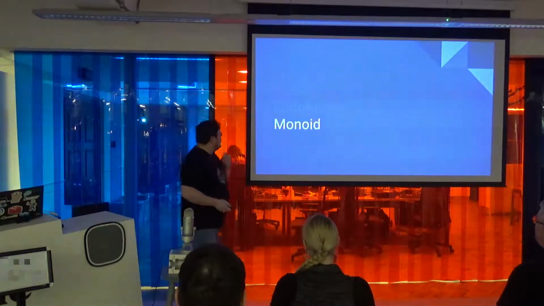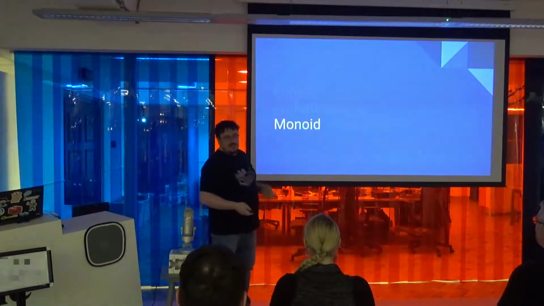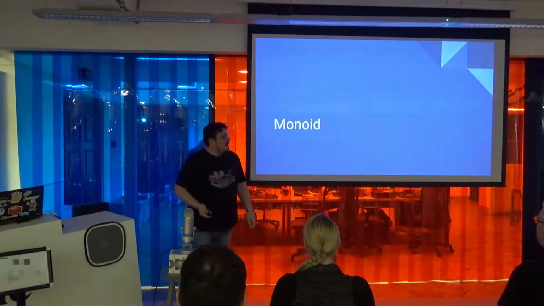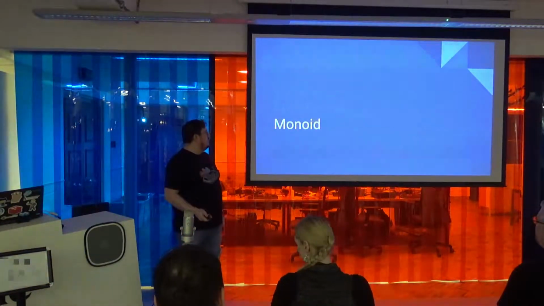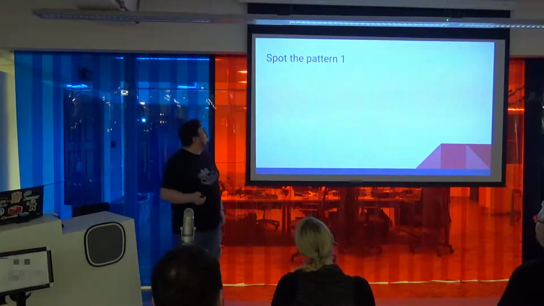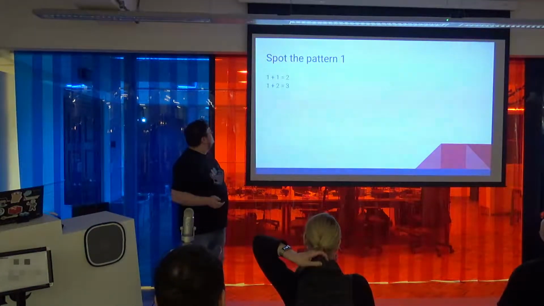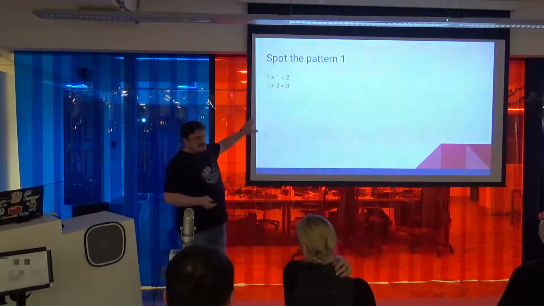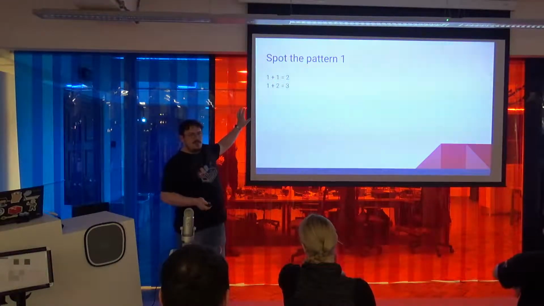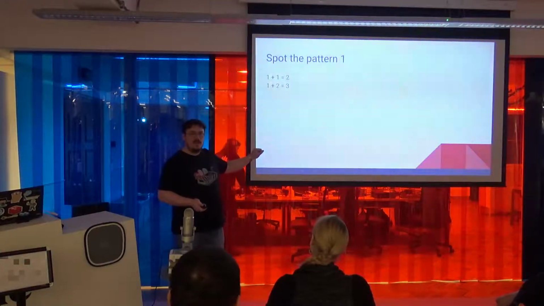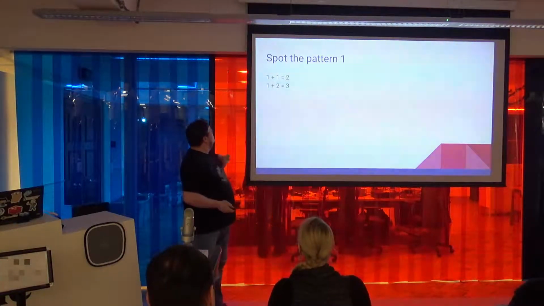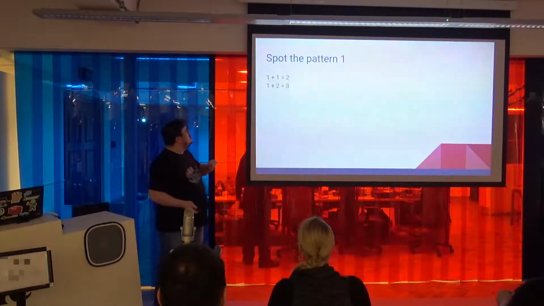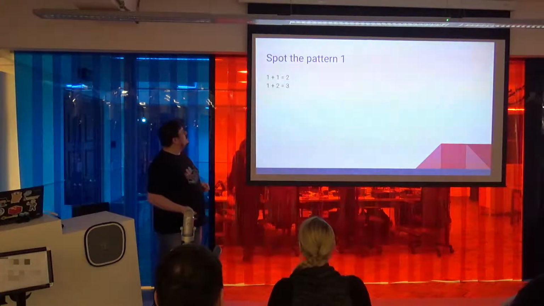Right, so monoids are a lot less scary than monads, and hopefully a lot easier to describe. Obviously they come from the world of maths. I should have warned there's some advanced maths in this. I hope that's okay. So if I was to bring up some maths like this, can you spot a pattern?